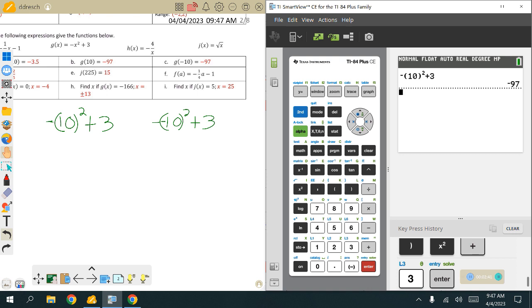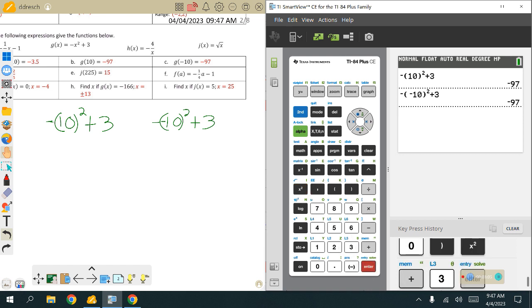Now on that second one, letter C, that is saying take that negative 10 and square it, but there are 3 negatives hiding in front of you. So what you want your calculator to correctly do, again, don't get lazy on us. What is exactly on your paper better go exactly into your calculator.